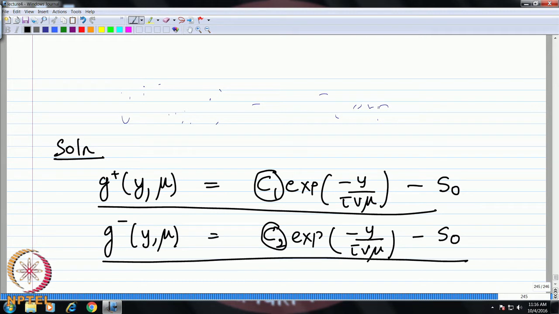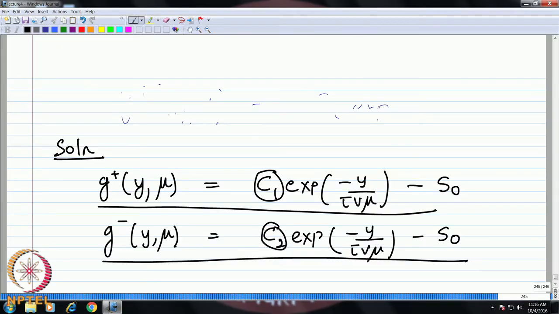It is actually one function, but we have identified a positive y and negative y to apply the two boundary conditions, because we have scattering from the top wall, scattering from the bottom wall. Okay. So, from the top it is going down, from the bottom it is going up. So, therefore, it is convenient to break this into two distribution functions at every point to find out the constants using the two boundary conditions.